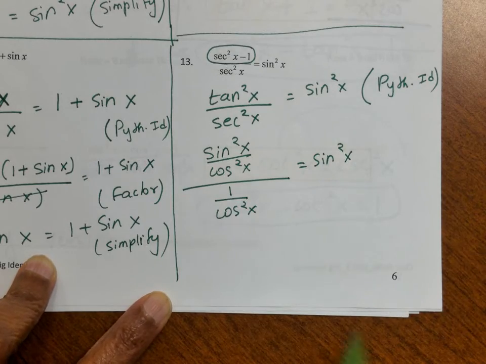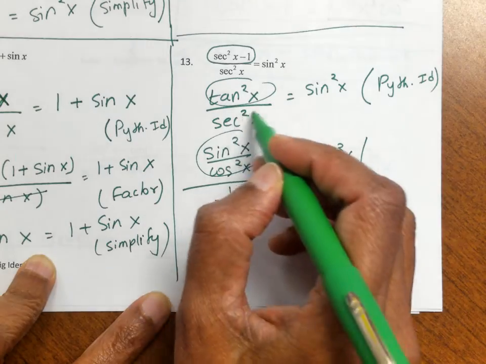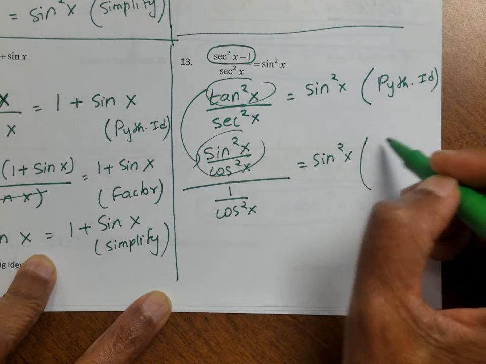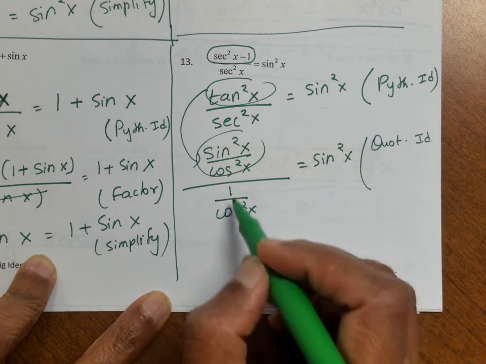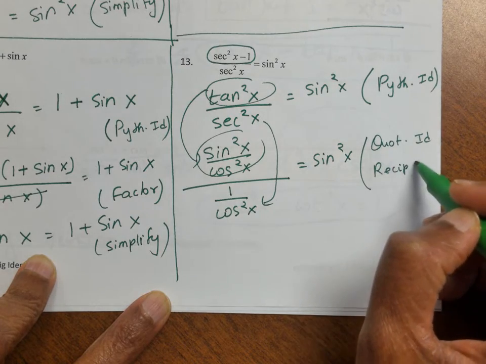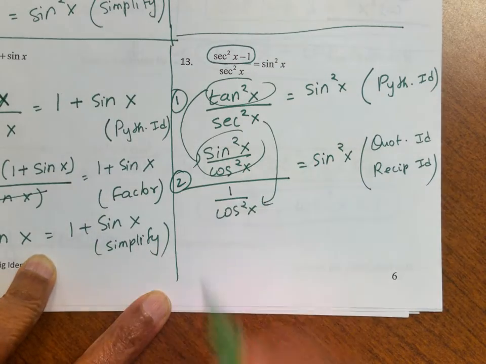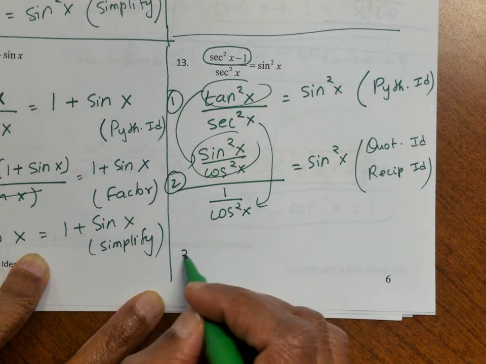Not the best thing to do, but you can do it. I replace this with this and this with this. So I used two IDs. This to this was quotient ID, and this to this was reciprocal ID. So I used both in the same step. Some people will probably frown upon it, but I'm being lazy.